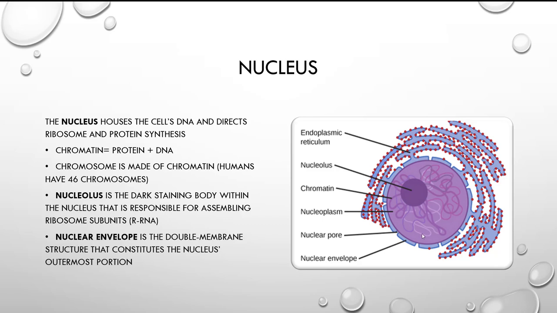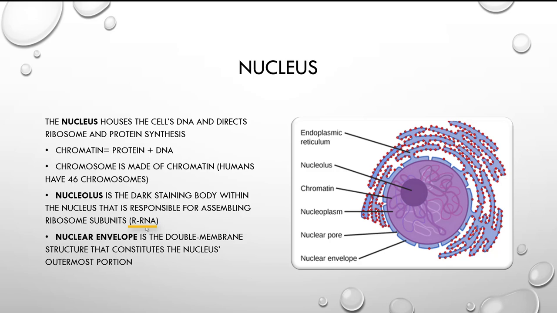So that's the nucleus. Now within the nucleus, you have the DNA that's just sitting out here. You have this dark purple blotch, which is called the nucleolus. The nucleolus contains something called rRNA. We talked about RNA earlier.